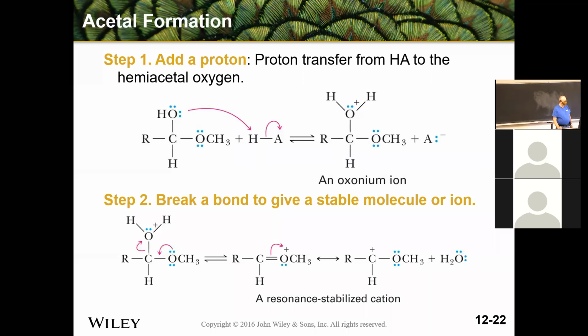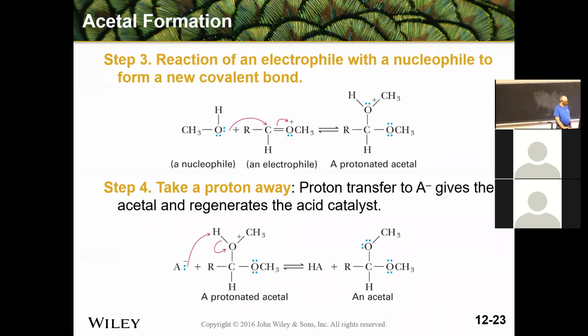This protonates the oxygen, water leaves, and then the second equivalent of alcohol attacks, and we lose a proton, we get the acetal.